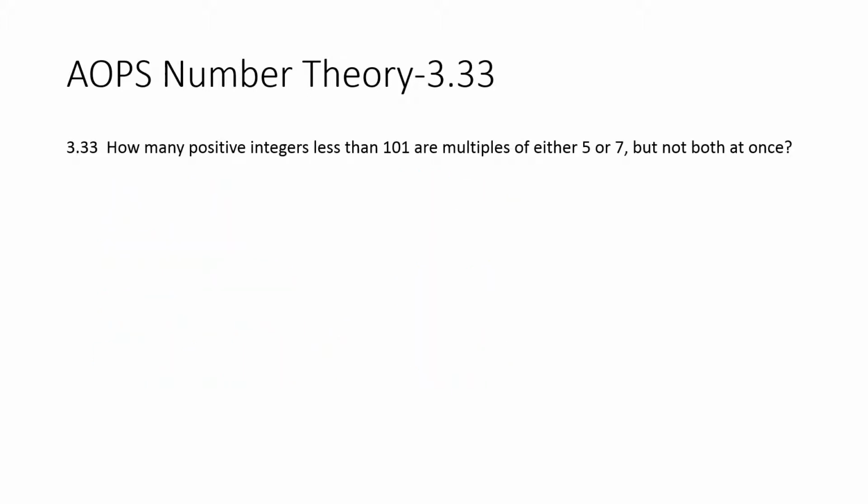AOPS number theory 3.33. How many positive integers less than 101 are multiples of either 5 or 7, but not both at once?